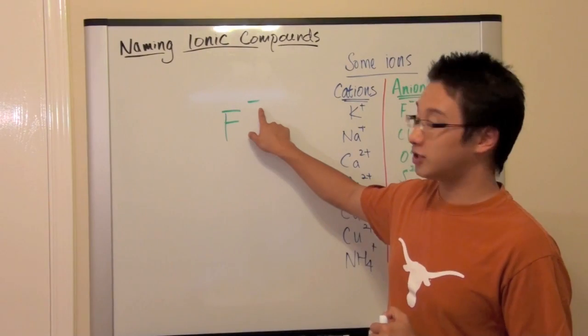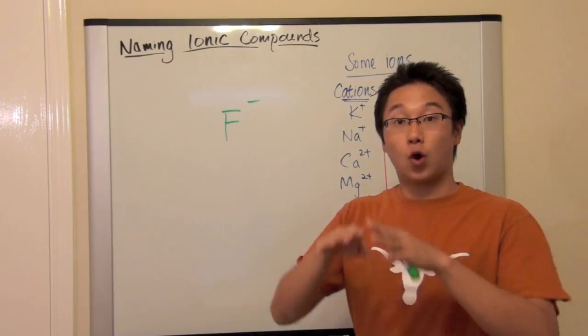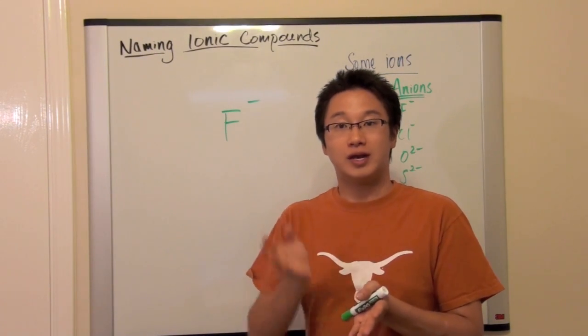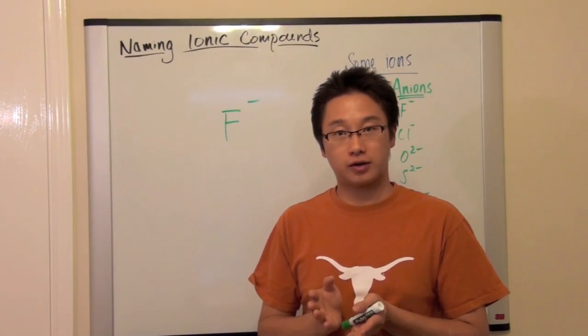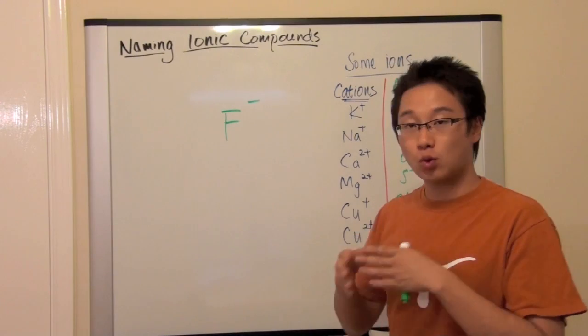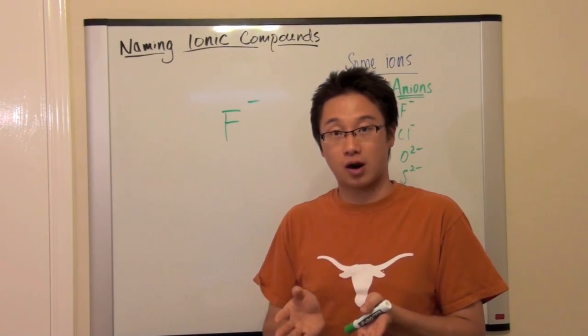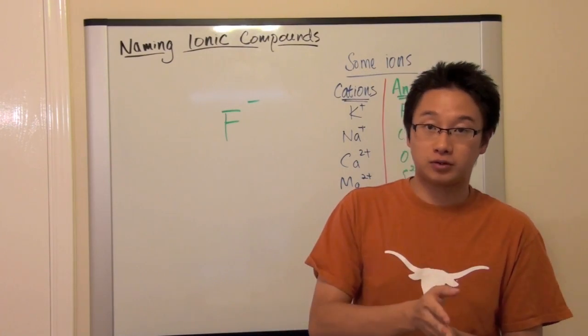Now, the reason why it has a minus charge is because the original fluorine atom, which only has 9 electrons, gains 1 more electron. And when it gains 1 more electron, there's 1 more electron than the number of protons.